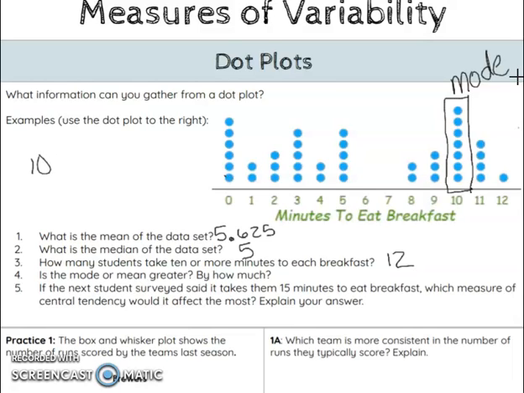So take 10 minus 5.625, and that will tell me by how much it is. So 10 minus 5.625 is going to be 4.375.